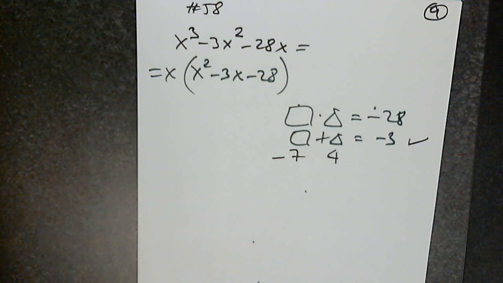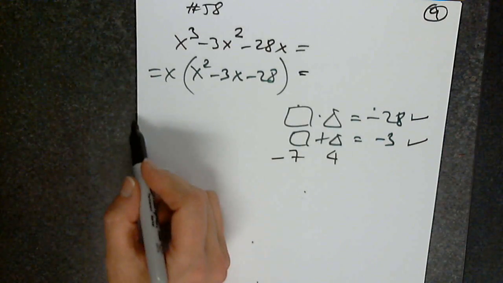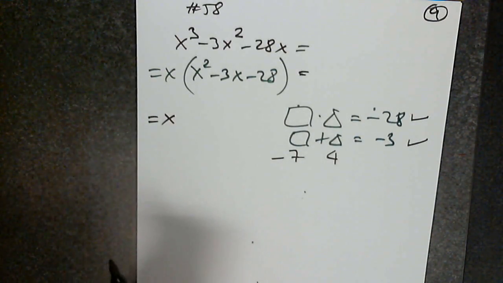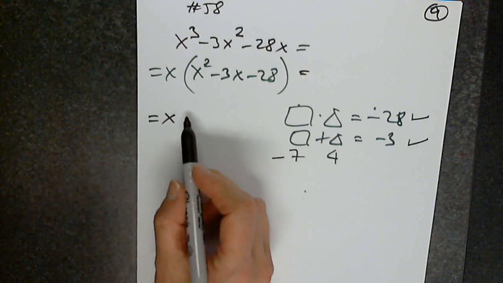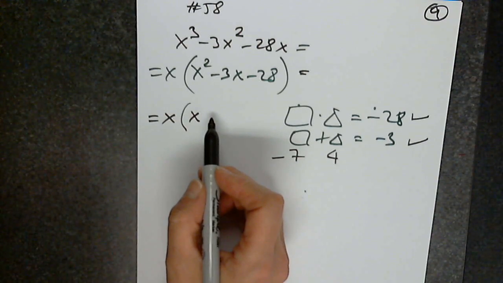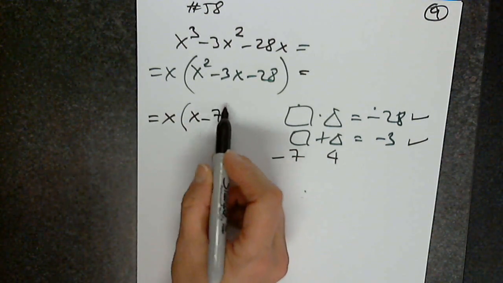Oh, I'm sorry, forgive me, I didn't hear. It's not intentional, really. Negative 7 times 4 is negative 28. So then I know the factored form. Correct?